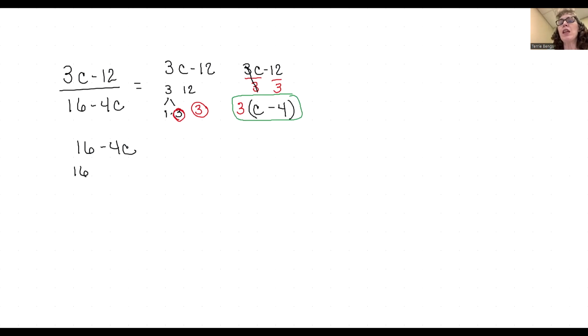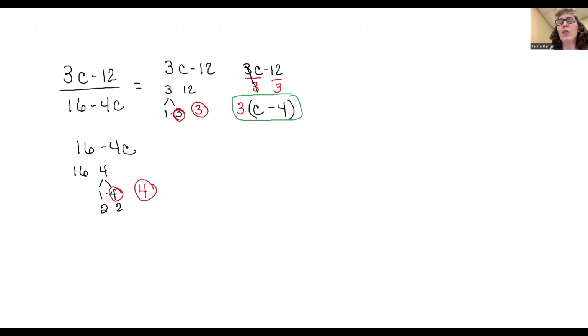We say 16 and 4, and we always factor the smallest. So we have 1 times 4, and we know that 2 times 2 equals 4. So we're going to start with our biggest number now, which is 4. And we're going to say, can 4 divide into 16 evenly? Yes, it can. So 4 becomes our greatest common factor.